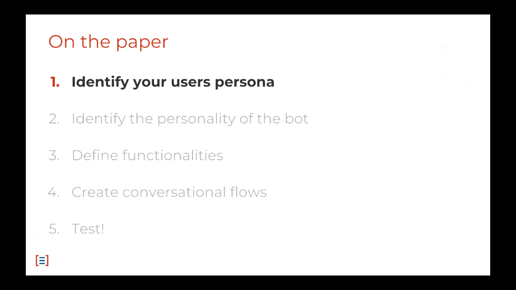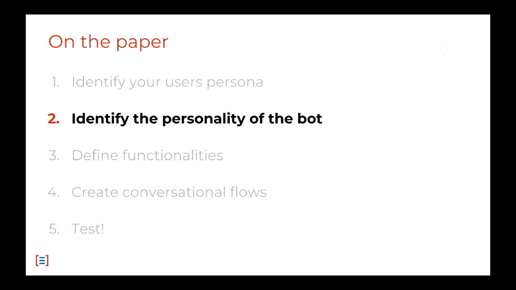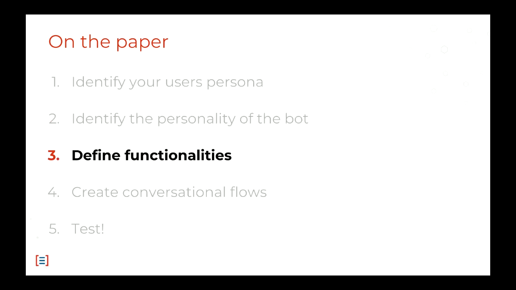So identify your users' personas: who are your users, what they are looking for, what kind of feelings they have, etc. The second thing is the personality of the bot. Is it a funny bot? Is it a serious one? Is it a helpful one? Is it a joking one? It's very important because depending on what you're selling or what you're developing, you will not want the same personality.